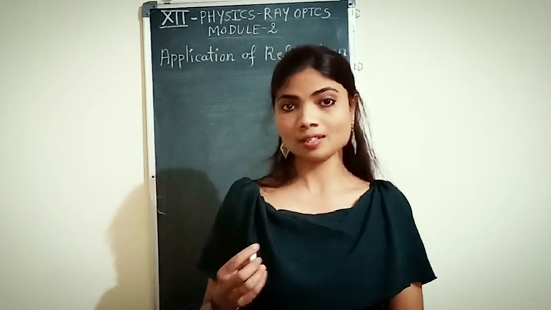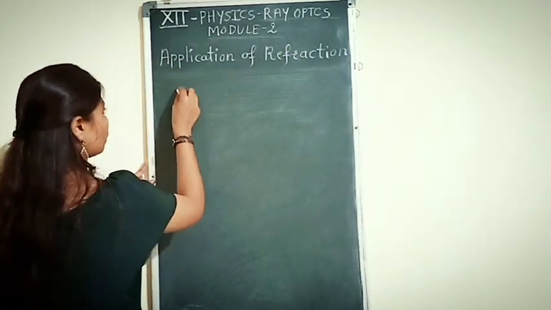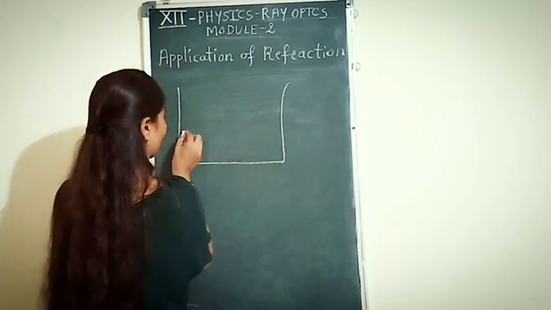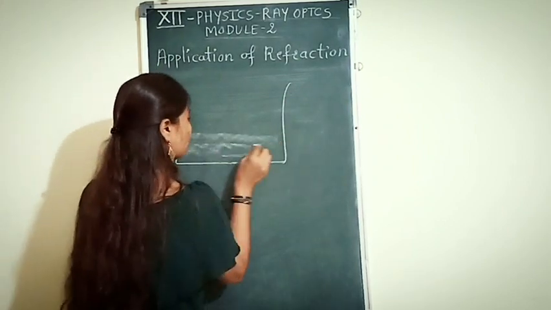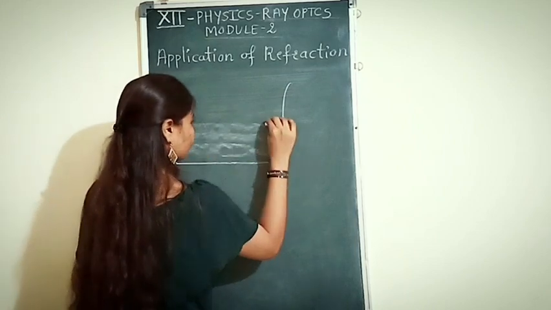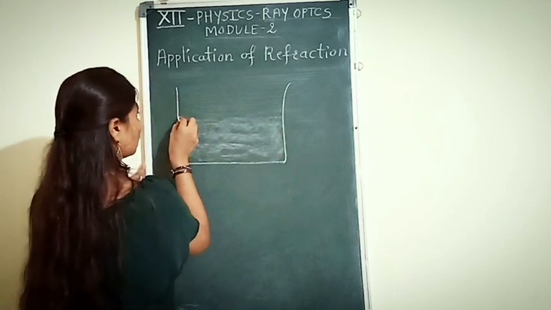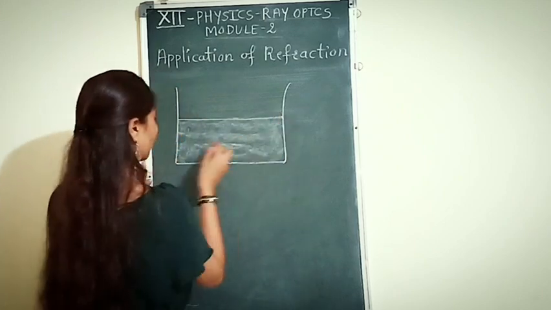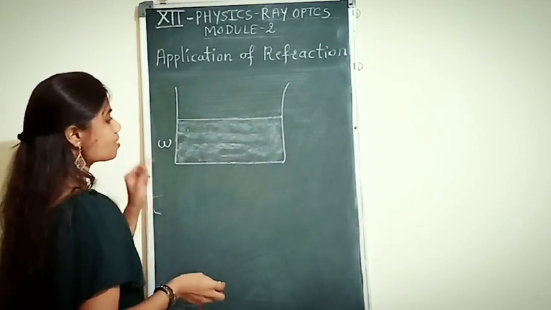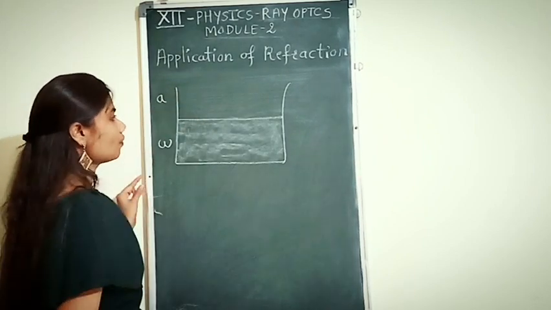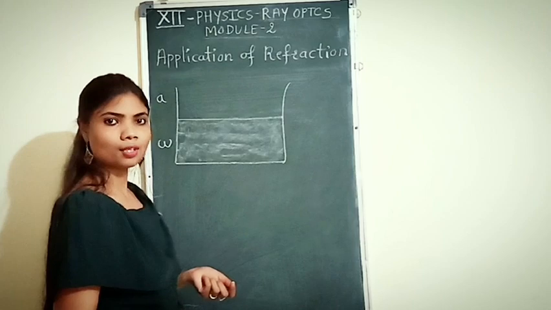Okay, so to begin, I have considered here a beaker which is filled with water, right? So this behaves like a denser medium. It is actually a denser medium, and above it is a rarer medium in the form of air.